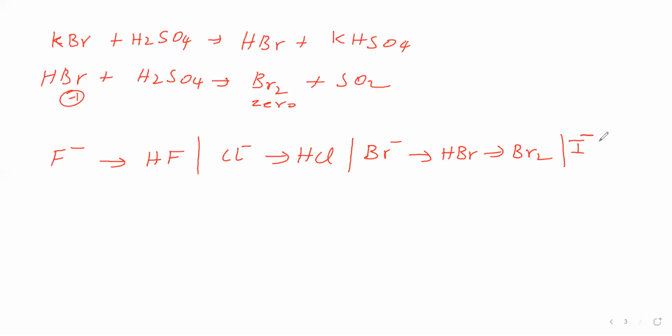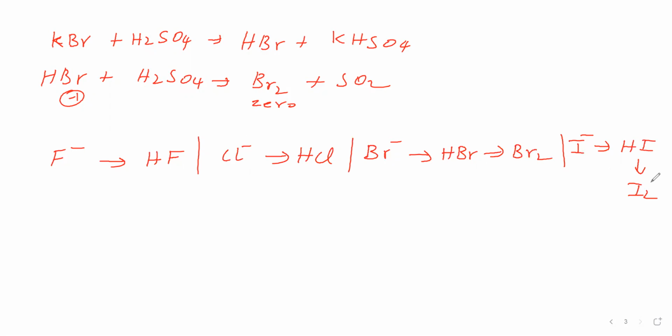Similarly, I- becomes HI, and HI immediately becomes I2. So F- converts into HF, Cl- into HCl, Br- into bromine Br2, and I- into iodine I2. So concentrated sulfuric acid is used as an oxidizing agent, we are saying.